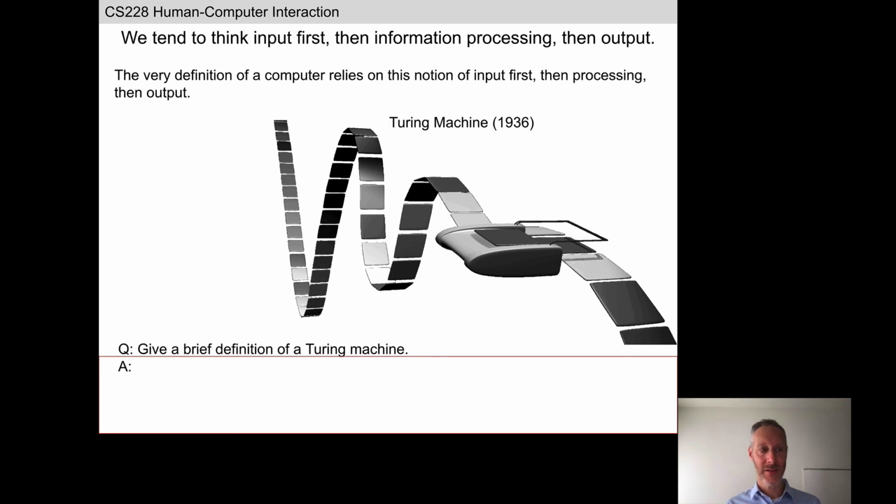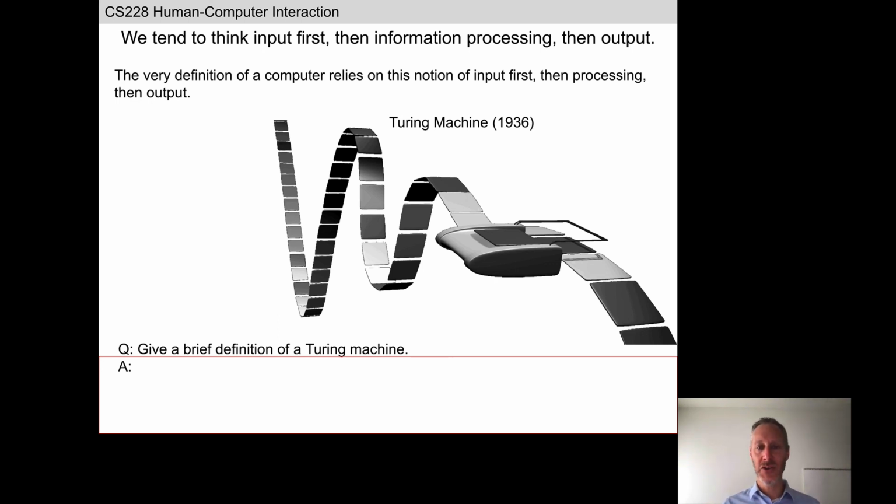What other action, aside from writing to the tape, are most Turing machines capable of? It moves the tape left and right, exactly, right? So even before computers even existed, there was this idea of movement or action.